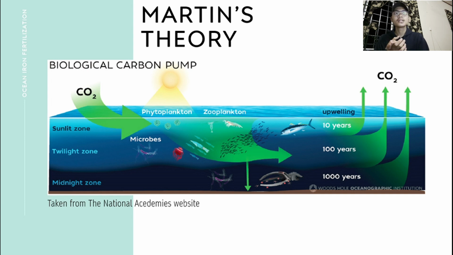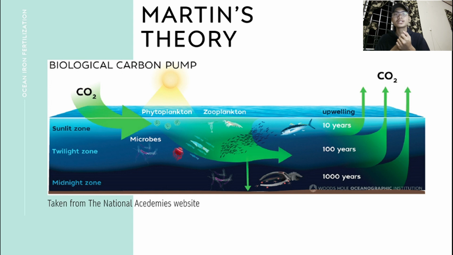As you can see, the carbon dioxide in the atmosphere will enter the ocean, and then the phytoplankton will use it as a source for photosynthesis. If it is not eaten by its predator and it dies, it will sink to the bottom of the ocean and be released after 100 or 1,000 years.